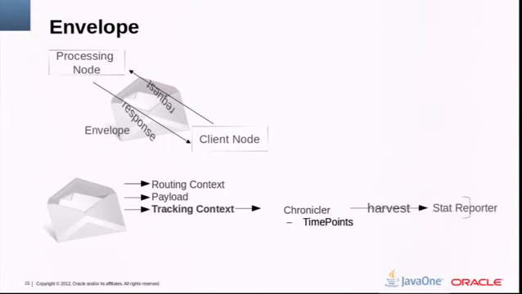The tracking context is a placeholder for all the chronicler information. Chronicler contains the time points and some other information as well. When it comes back with the response, we have a huge set of statistical data per request. We are very granular, and we can harvest that information through a statistical reporter. If you expose that over JMX, that gives you a plotting capability.